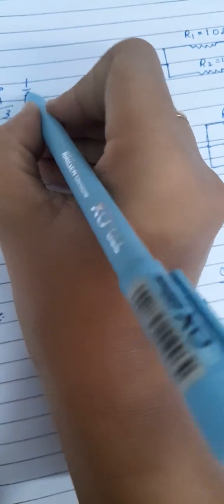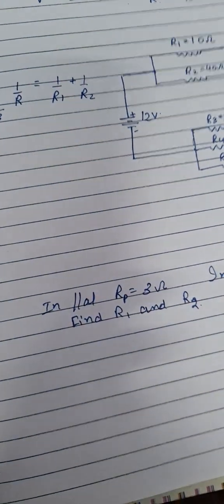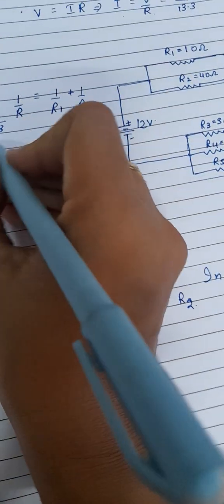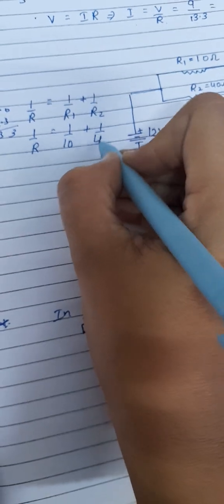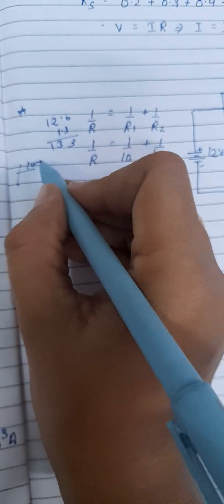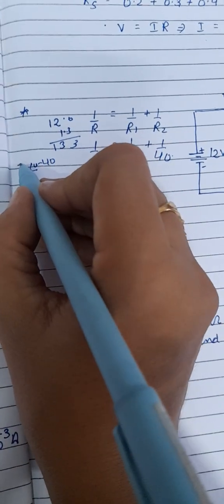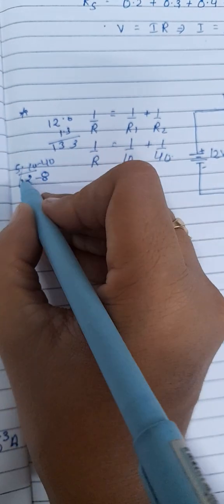For parallel combination, we add in reciprocal form, meaning 1 by R equals 1 by R1 plus 1 by R2. Here R1 is 10, R2 is 40, so 1 by R equals 1 by 10 plus 1 by 40. First, you have to take the LCM of 10 and 40. 5 goes into 10 and 40 giving 2 and 8.